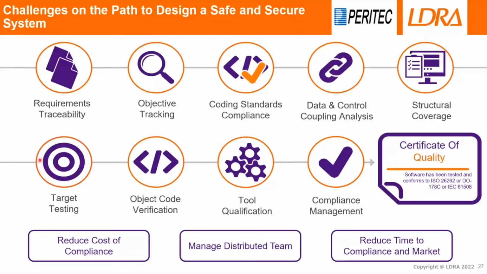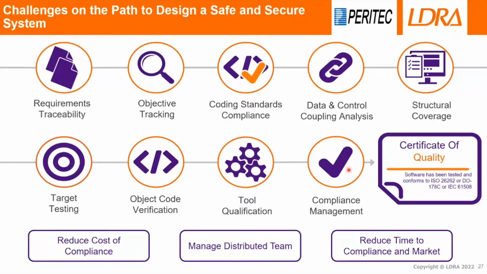And for higher critical systems, target testing needs to be performed because testing on a simulator is not recommended due to memory related and timing related issues. In case of aerospace applications, object code verification needs to be done, but for other domains, object code verification is not recommended. The tools used in the lifecycle activity need to be qualified ones, and the complete compliance management needs to be performed as per the tailored process.